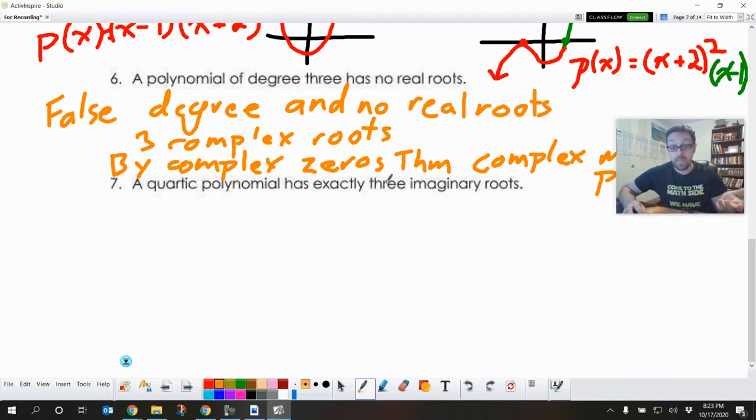So you can say the same thing that you said before: a quartic equation or any polynomial cannot have 3 complex roots by the complex zeros theorem. Complex roots must always come in even numbered pairs, so we cannot have three imaginary roots, and the statement must be false. That's it for those.